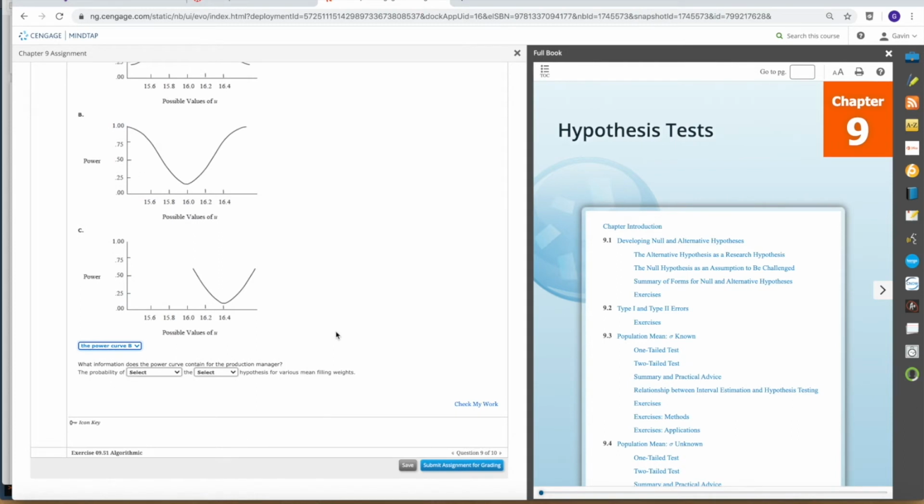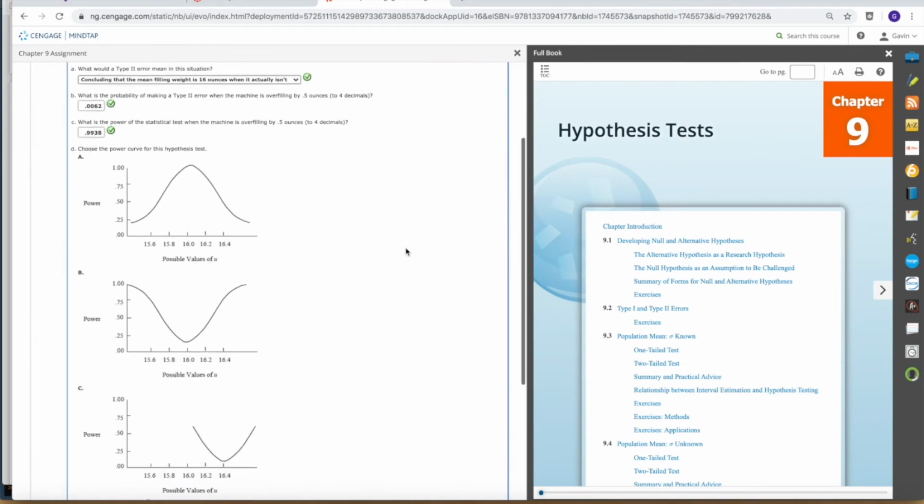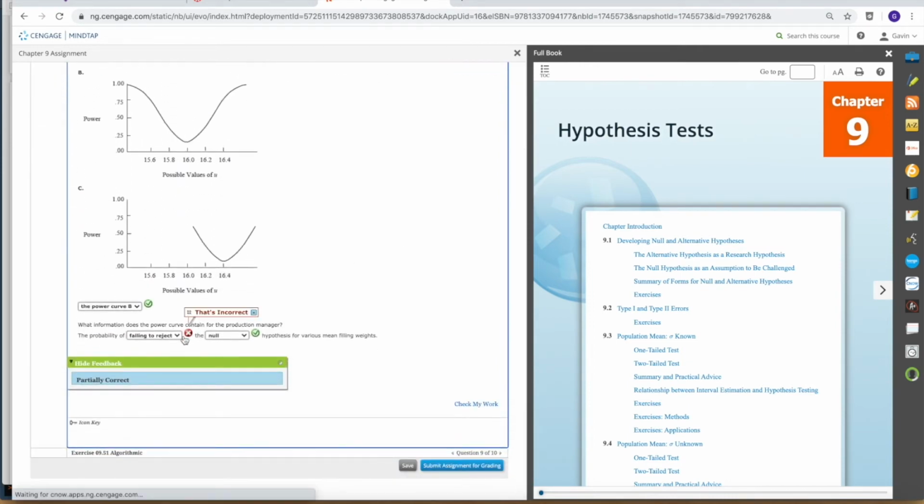So what information does the power curve contain for the production manager? The probability of failing to reject the null hypothesis for various mean filling weights. So let's check that, cross our fingers. Oh yeah, probability of rejecting. Duh.